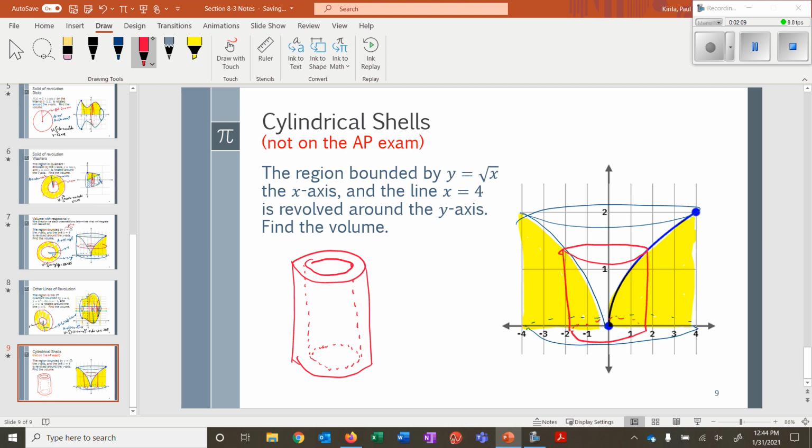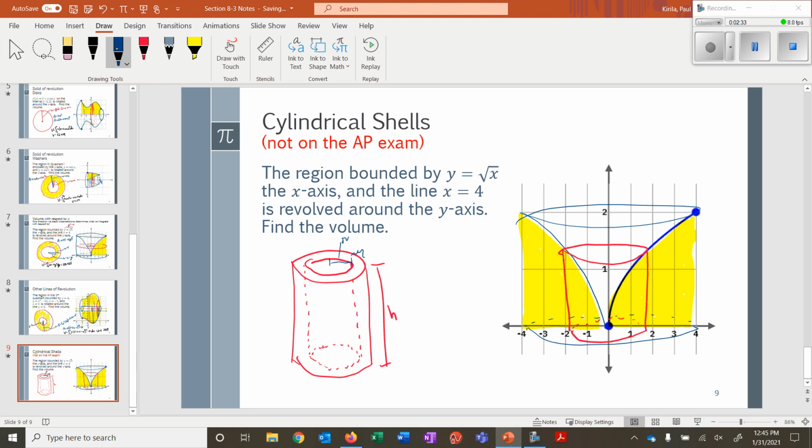So think of it like a soup can with the top and bottom cut off. It has a height. It has a radius. And then it has a thickness to the wall of it.